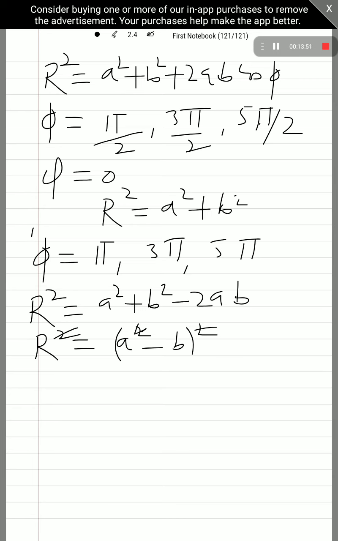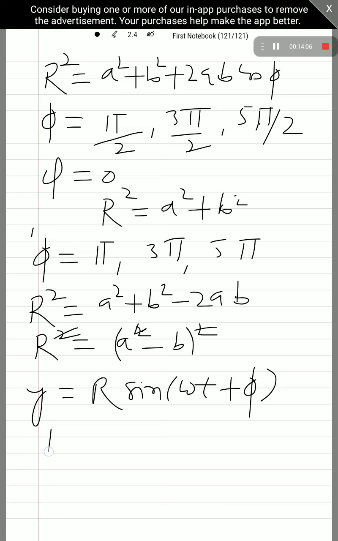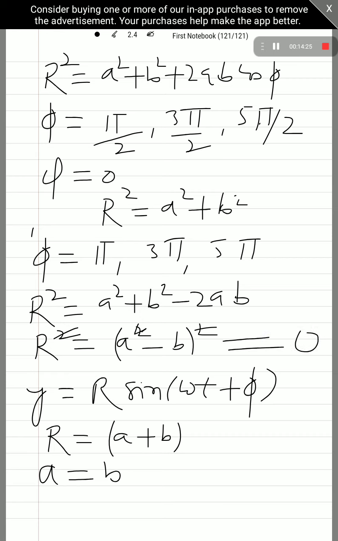So for maxima, y equal to R sin(omega t plus phi), and R equal to A plus B. For a good interference pattern, as you know, the amplitude of the first source is equal to the second source, so A will be B. From here you can see it will represent 0, and from here it will be 2A.